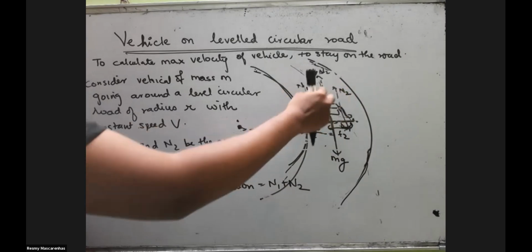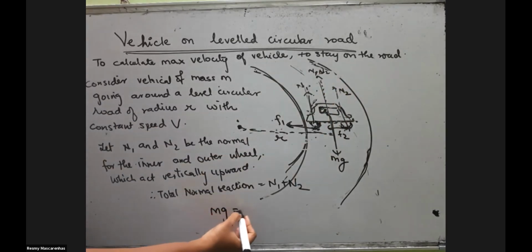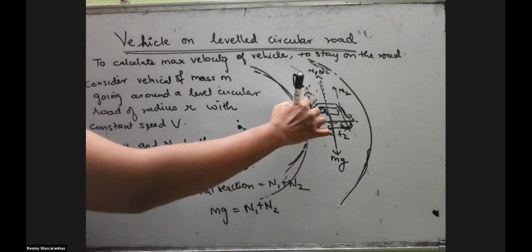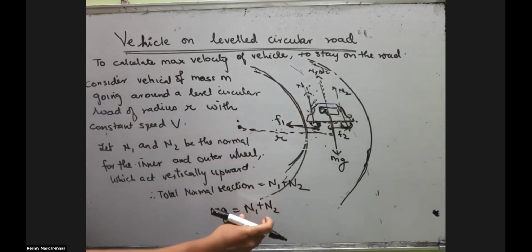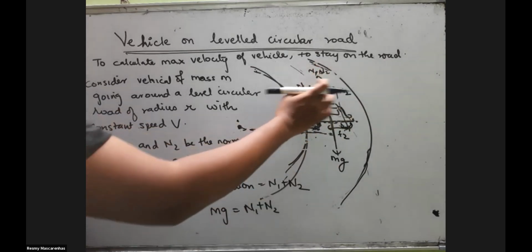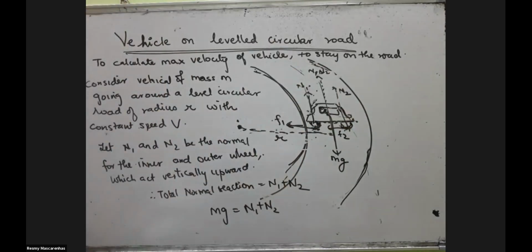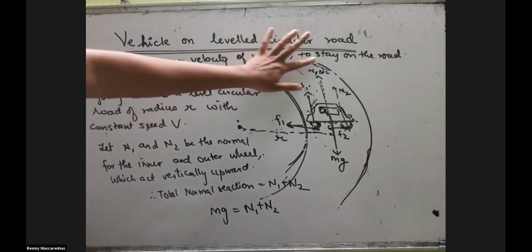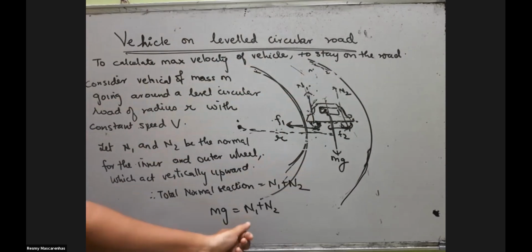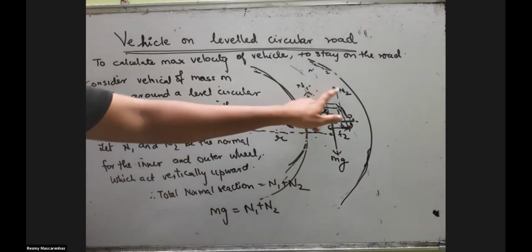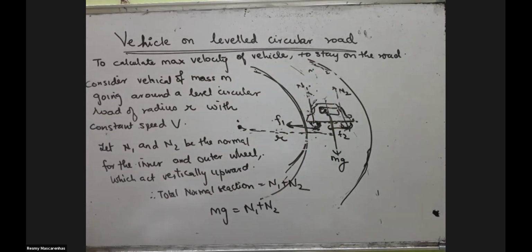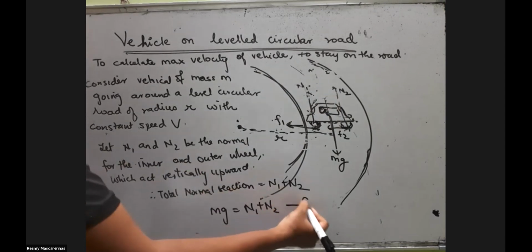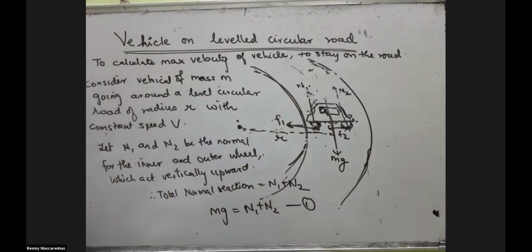This and this. So mg is equal to N1 plus N2. Either you take this main arrow or these two arrows; in both cases it means the same. You just have to make sure that the vertical force mg equals the addition of both of these forces, because they are both going in the same direction. So this will be our equation 1. This is equating the vertical forces.